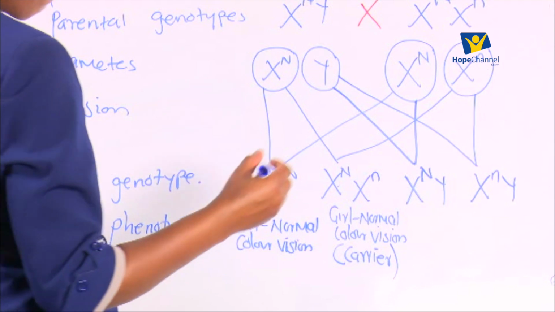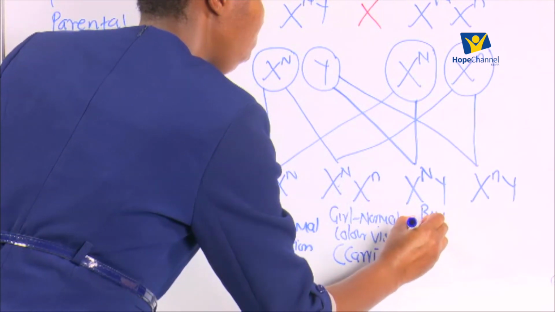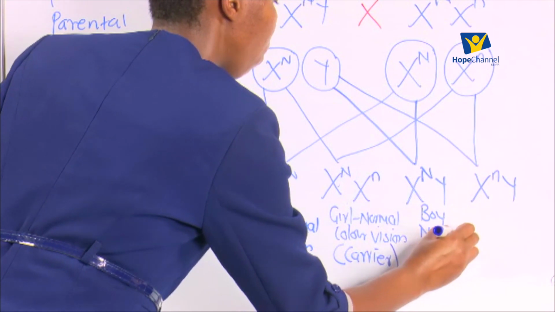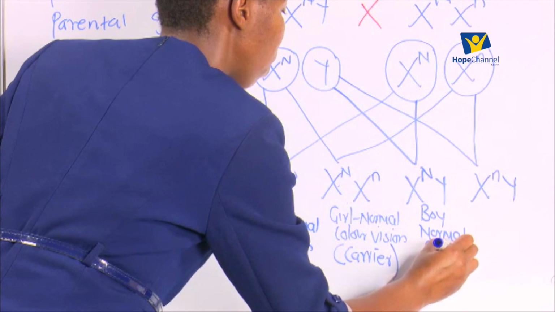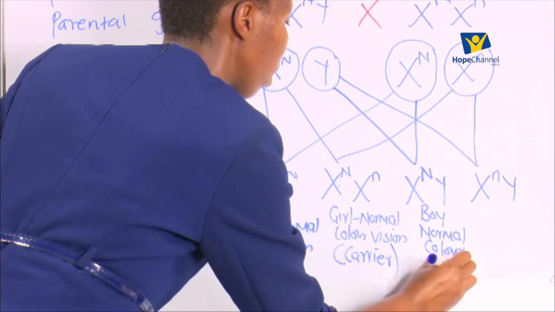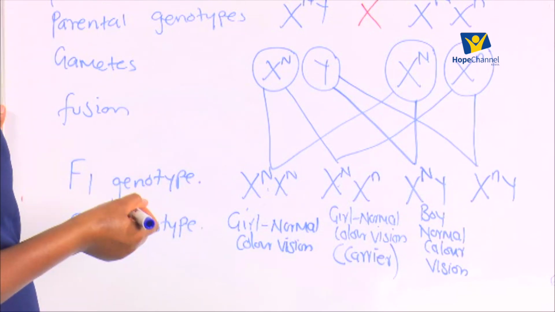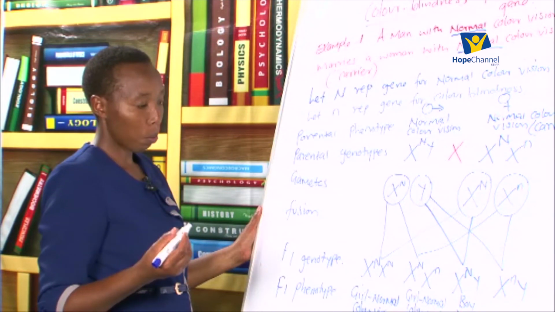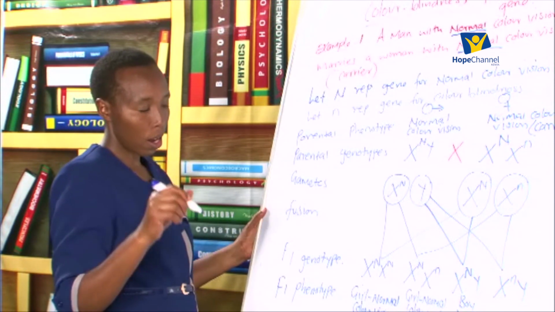Then you have a boy. So we have a boy who has normal color vision. So remember, we said we don't just say normal, because normal is a relative term. So we have to be specific for the characteristic that we are learning.